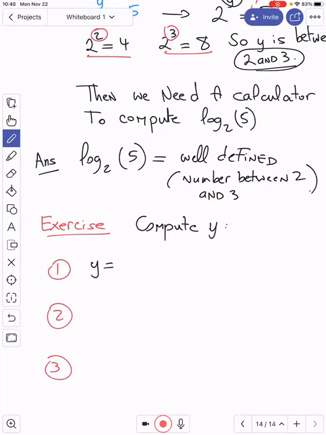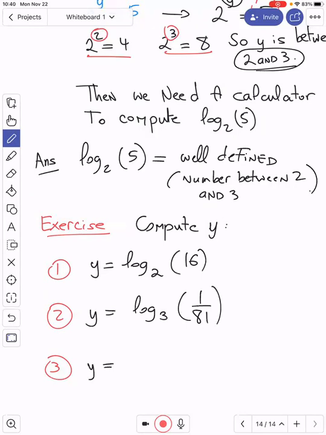Compute y, of course: y equals log in base 2 of 16; y equals log in base 3 of 1 over 81; and y equals log base 4 of 1 over 16.